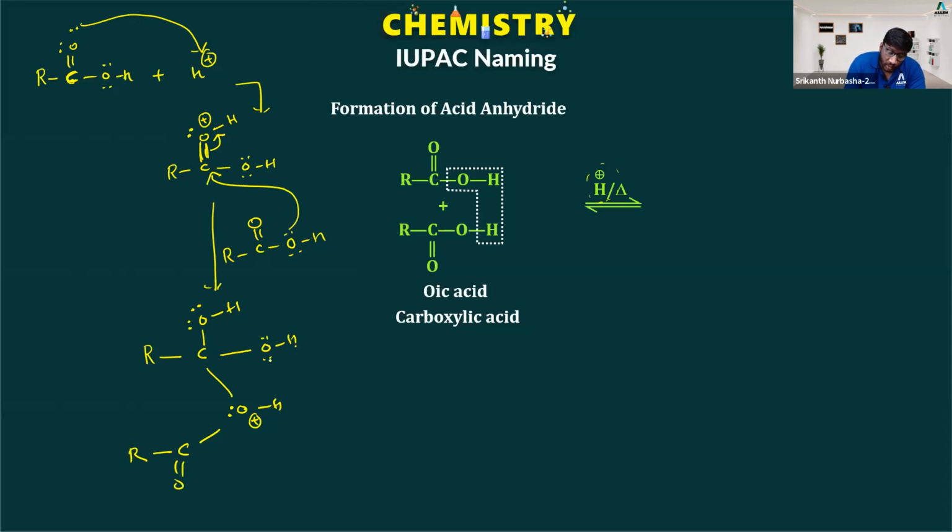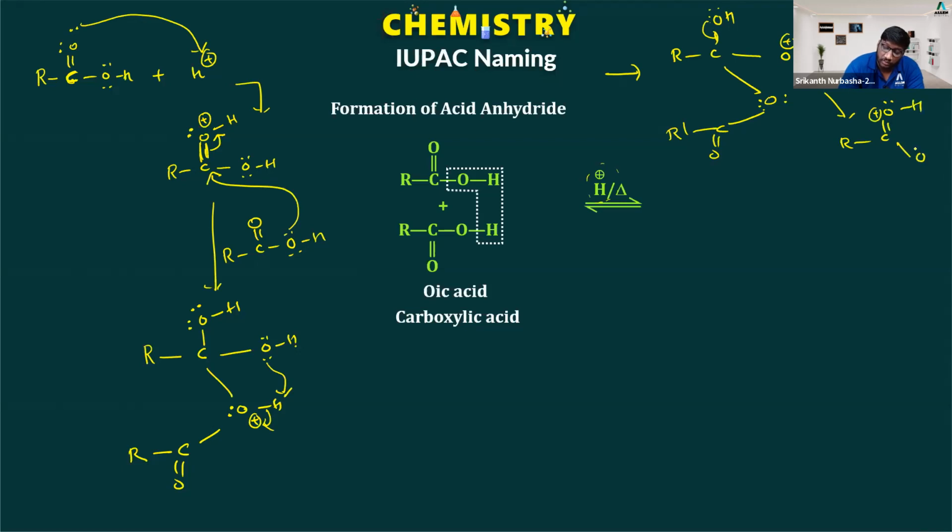Can I say the lone pair of electrons on this oxygen are going to attack this particular proton? Yes, for sure, generating RC OH OH2 plus. Why is it so? Because to neutralize the positively charged oxygen, oxygen regains its lone pair, and we get C double bond O R dash. Ultimately, the lone pair of electrons on oxygen comes in, generating RC double bond O with one lone pair, positive charge and OH bond.